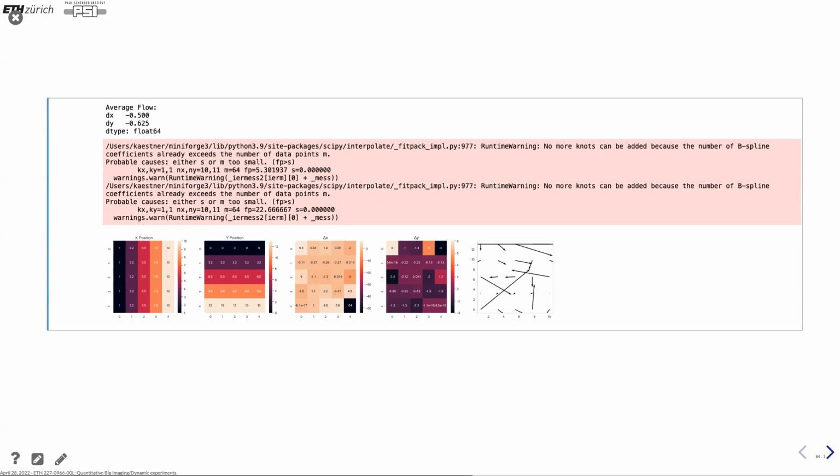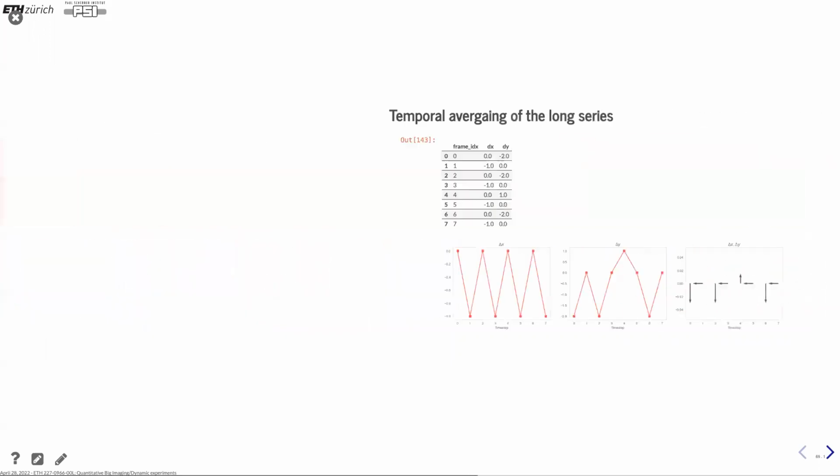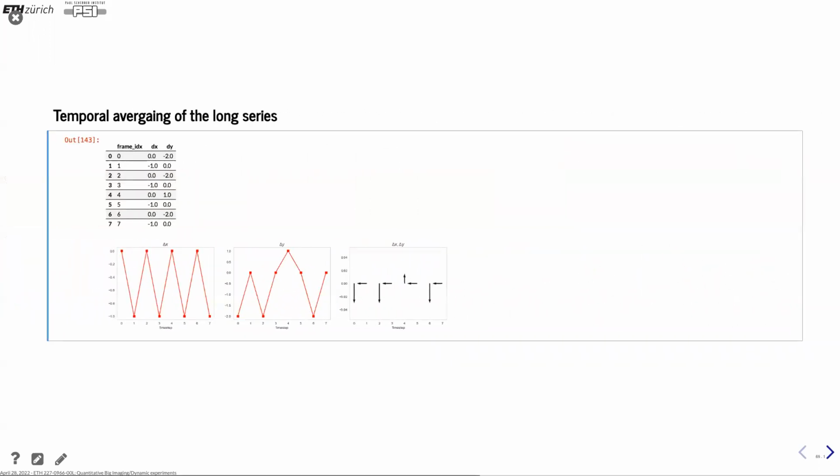In particular, confusing is that we did this roll over the edge effect. That also gives us these long, harder to interpret edges in this plot. We can also look at the temporal averaging, and we can see that x is going to -1 every second time.